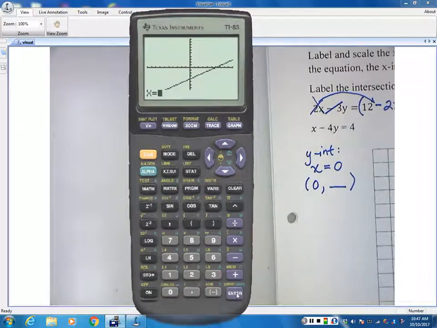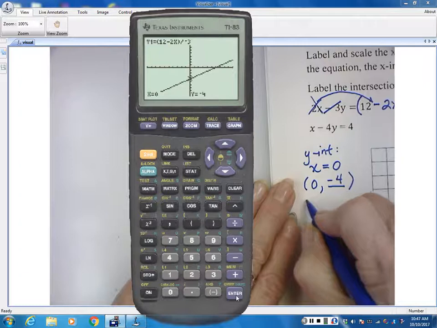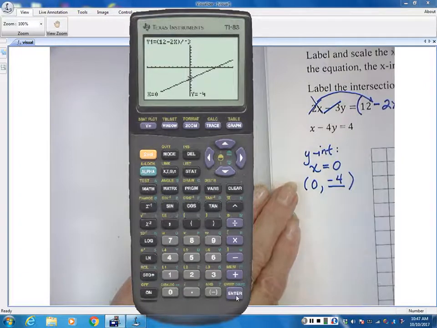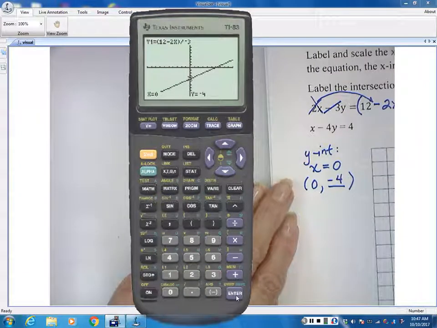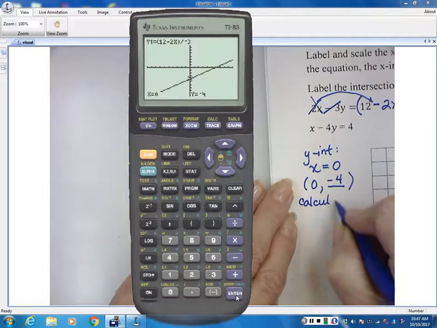So if we let X be 0, it'll show us what the Y-intercept is. So you just type a 0 and hit enter. So it says the Y-intercept is 0, -4. You hit value and then hit zero. And hit enter. And Y is -4.